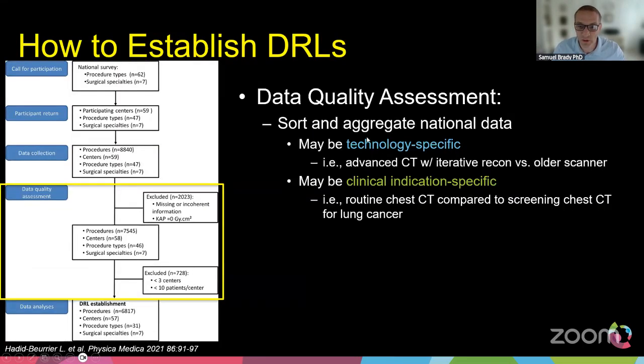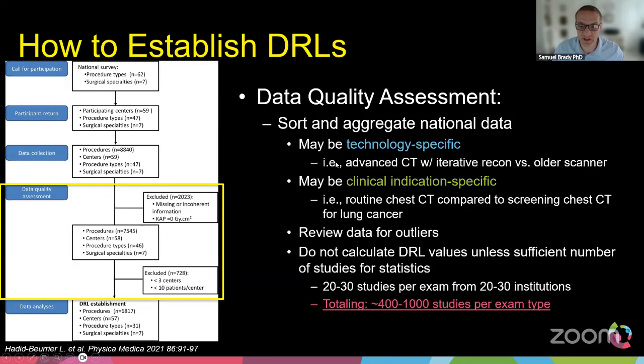All right, so we sort, we aggregate, we've already talked about this, we review for outliers. I've told you that locally you're sending about 20 to 30 procedures from each of these exam types, 20 to 30 head CTs, 20 to 30 chest CTs, etc. In total, at the national level, they really can't start calculating DRLs until they have about 1,000 studies.